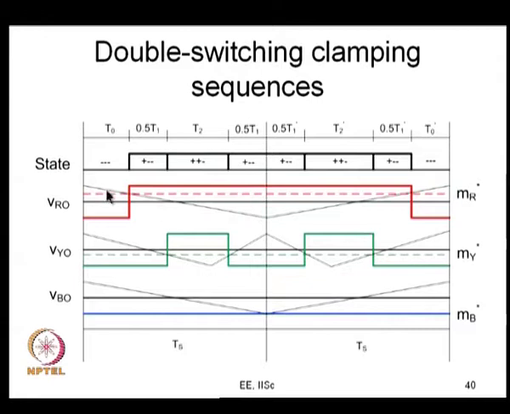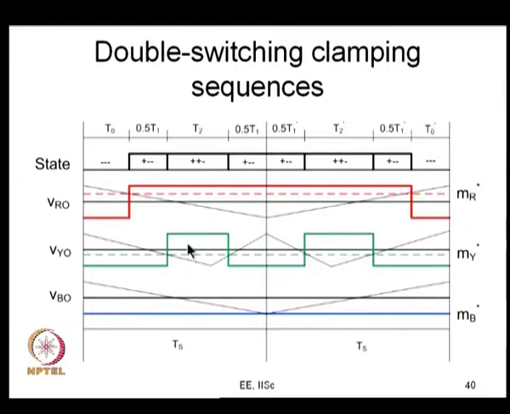You can compare MR star with a triangular carrier and produce the switching instant, whereas MY star you can't compare with a triangular carrier. If at all you want to identify the switching instant, it has to be a very complicated signal as shown here. This is not your usual carrier. You are using an asymmetric double ramp signal instead of a single ramp, and these slopes themselves will vary from one to the other.